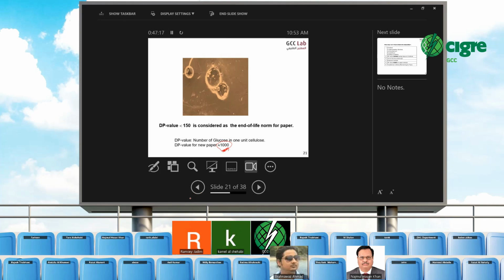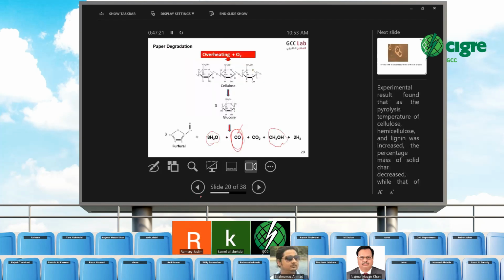If we go back to this one, the number of glucose here should be around 1,000 DP for a new one. But DP value is also unit by unit. It does not mean 1,000 for every transformer or paper.